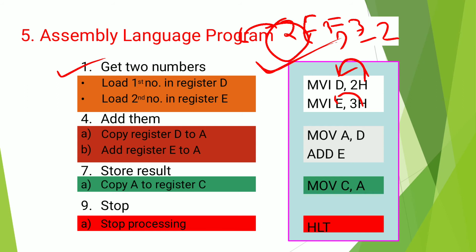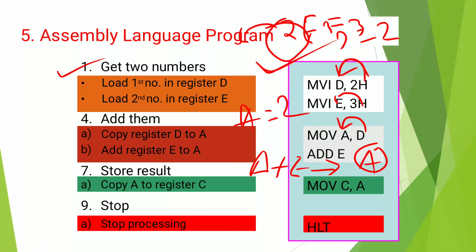So for performing the addition, the first data must be in the accumulator. So move this D content into the accumulator. Now A has the data 02. Now perform the addition. ADD E means add the content of the accumulator plus the content of register E, and the result is stored in the accumulator.